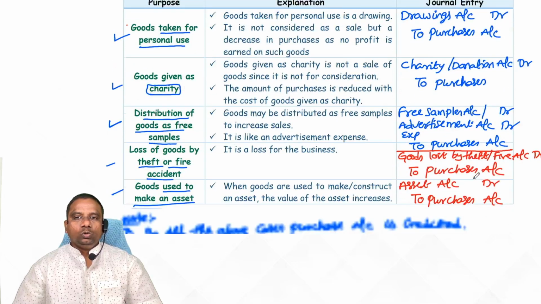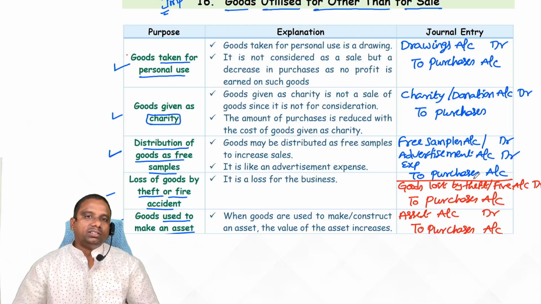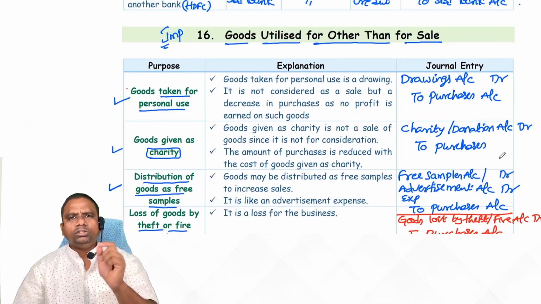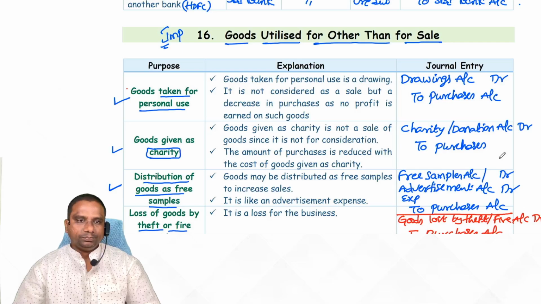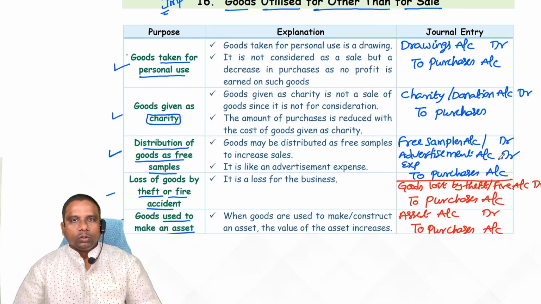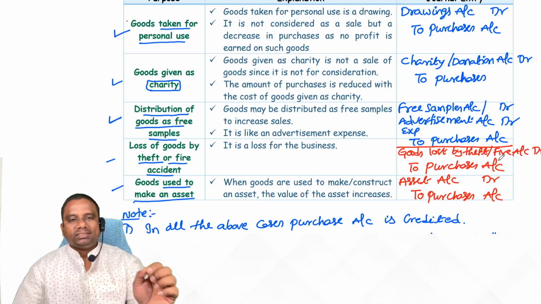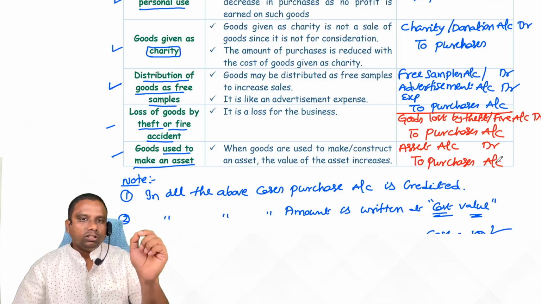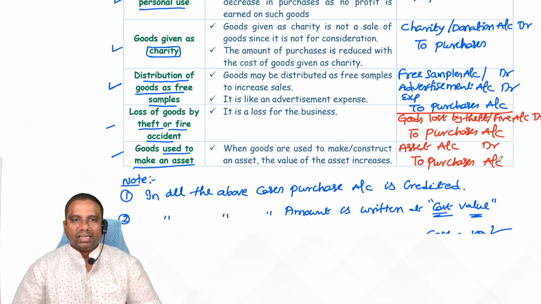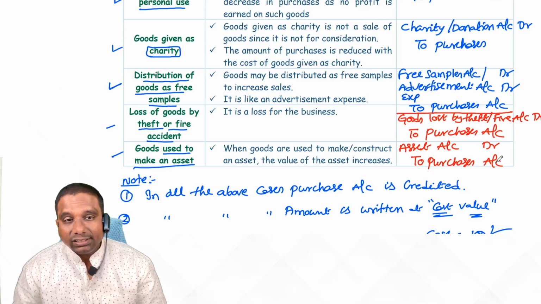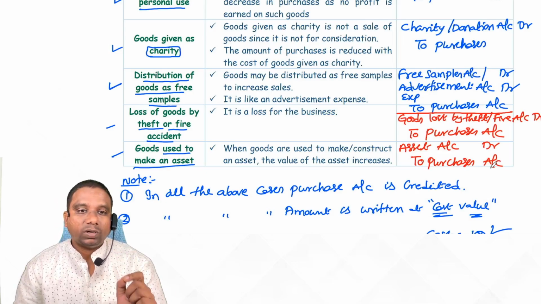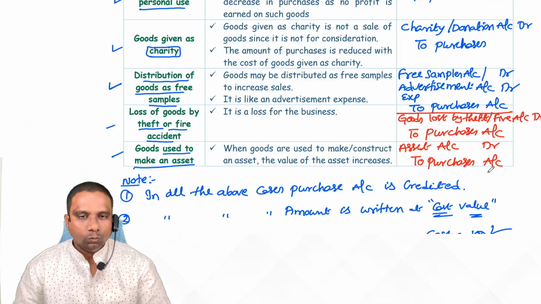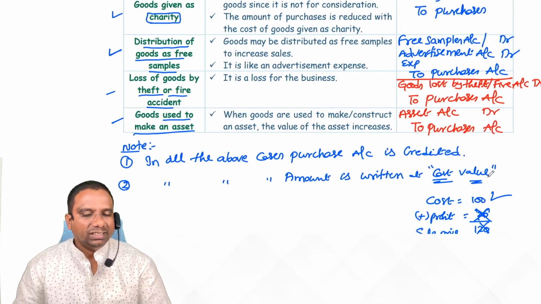This is the concept of goods utilized for other than sale. Hope you understood. Pause the video and try to recollect one by one. To remember, in all the above cases, purchase account gets credited, and we record the entry at cost price or cost value. Is it clear, everybody? Yes.